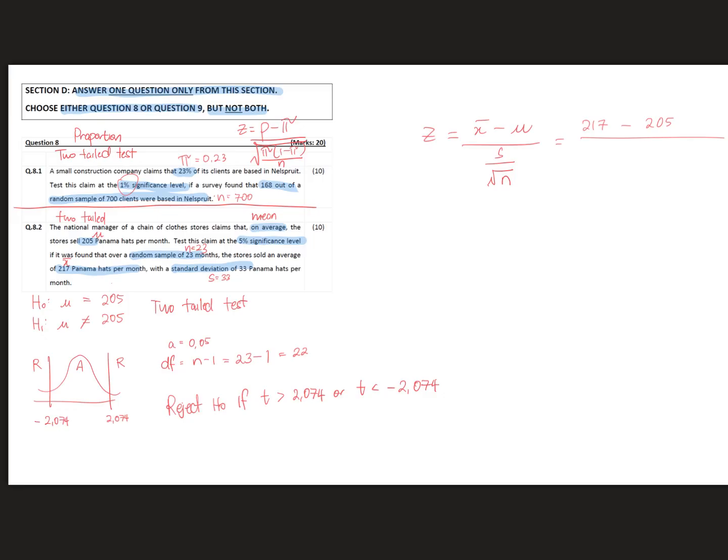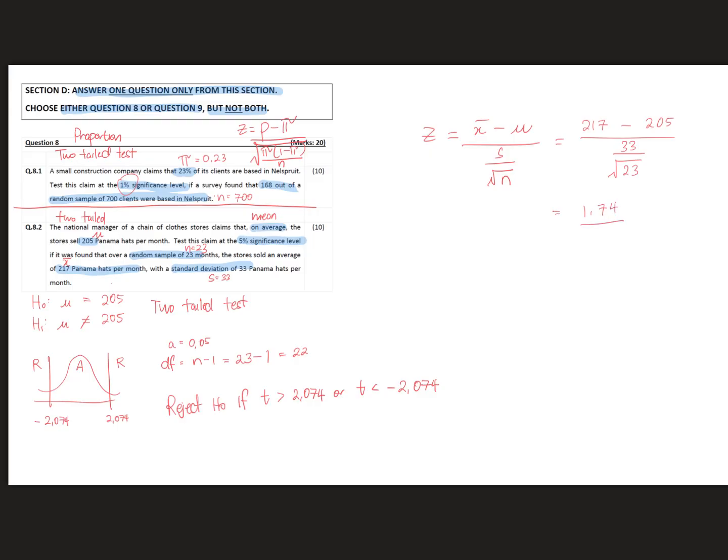Let's remove this because we don't need the rest of it. Then it's over your standard deviation, which is 33, over the root of n, which is 23. So this gives you a value of 1.74.